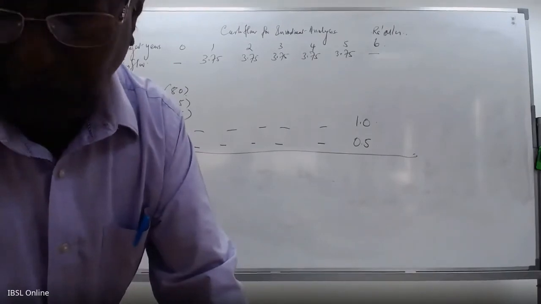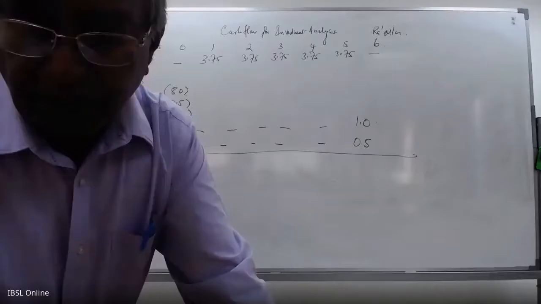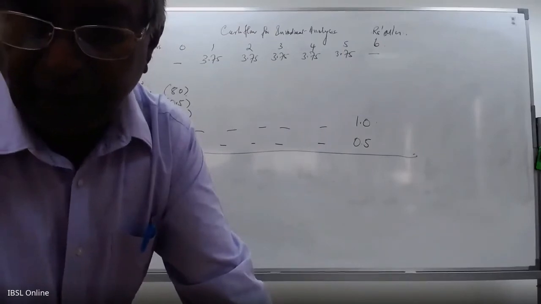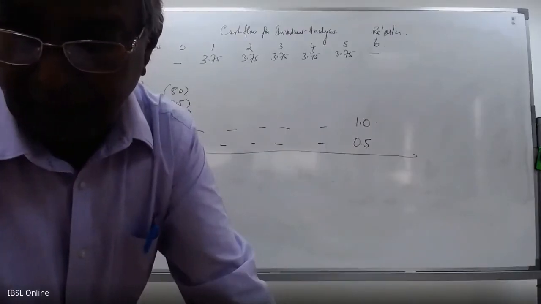Anyway, you give me a call, please. Now, what you have written on the board is 0.5 million. This 3.5 million of working capital, here we are investing. Recovery also should be the same amount, right?